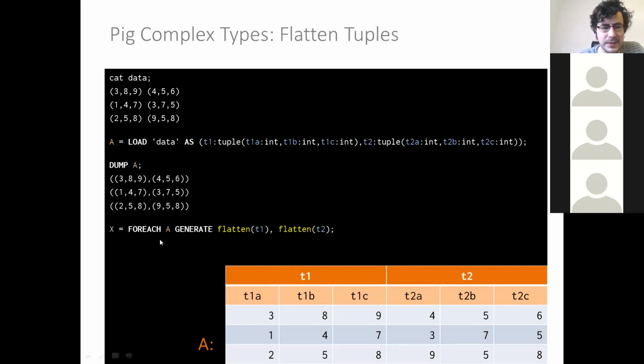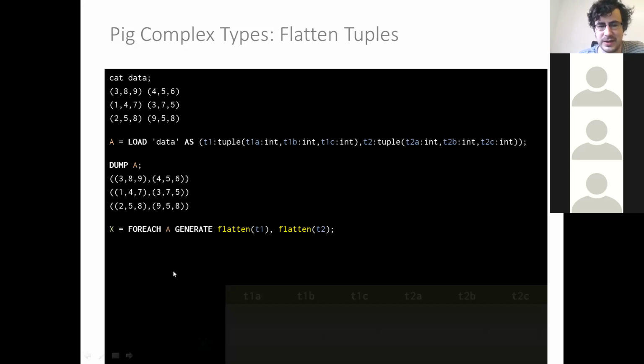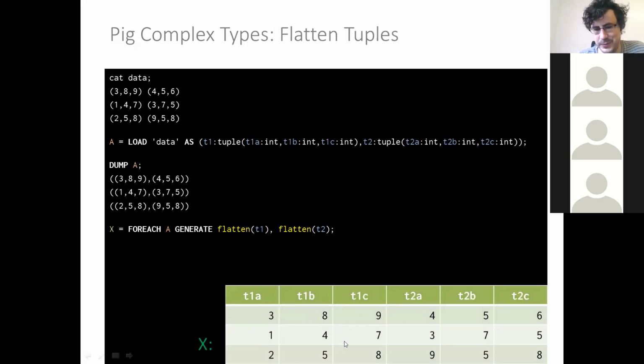What we can do is just use this flatten method. What this will do effectively is unnest the tuple. And we'll generate an X such that, perhaps intuitively, this is what we'll generate: a flat relation that has no tuples. It just has 6 direct columns of integers. So this is the idea of flatten, to always get back to a simpler relation.